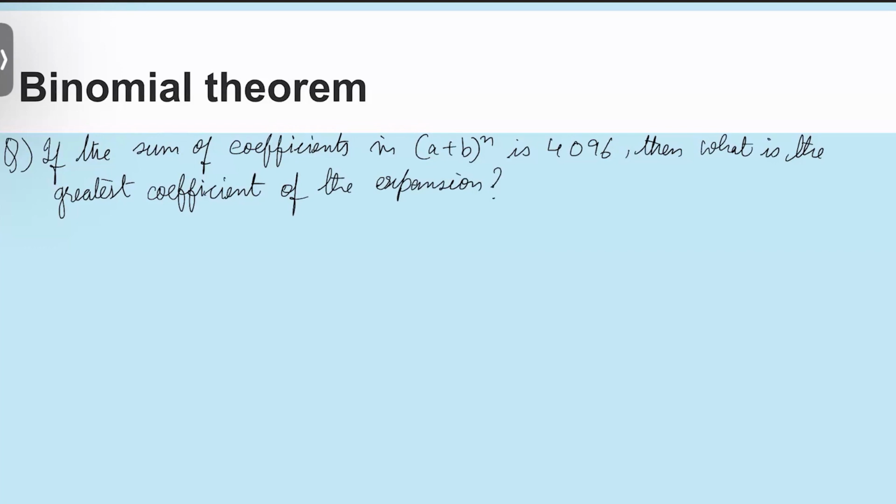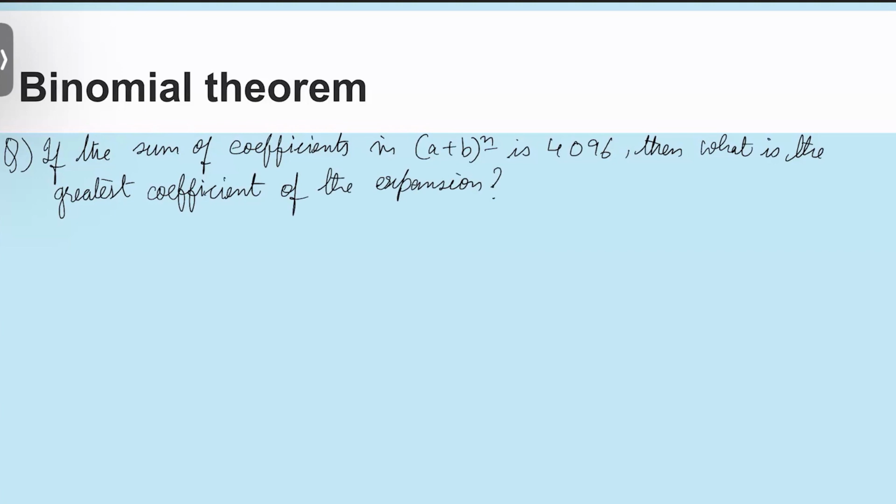So this is the first step that we will have to do: we have to find the value of n. When we find the value of n, we can find which term will have the greatest coefficient, and then we can get the answer.